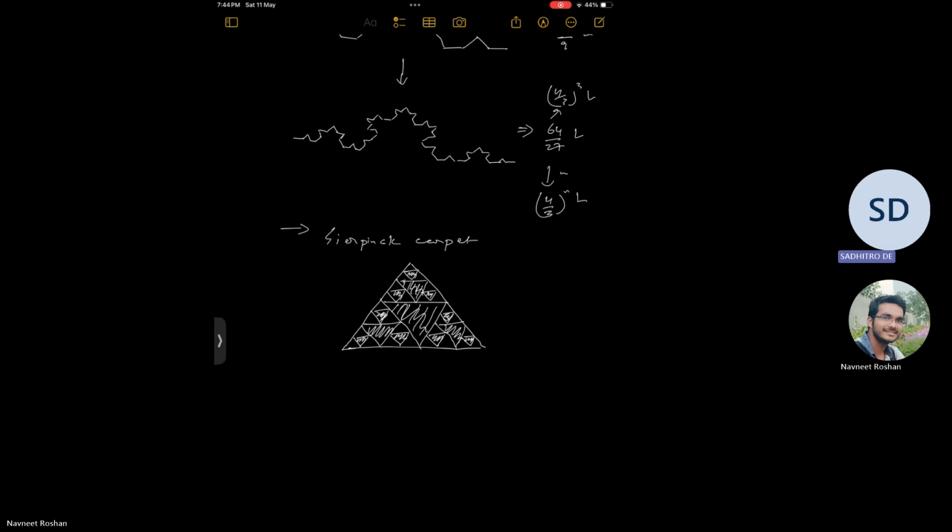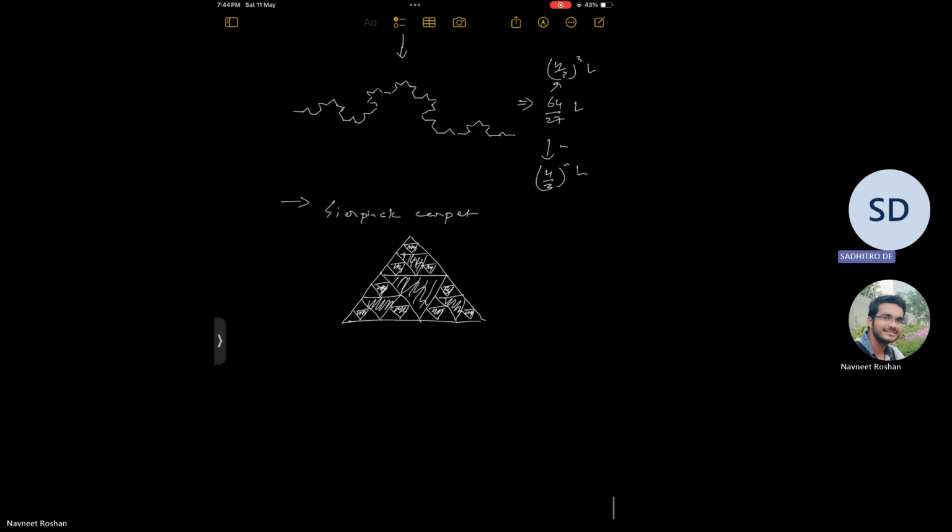So you see what is happening, and again you repeat the same procedure for all these small triangles. So what was initially a two-dimensional object, since you now start removing portions of it, its dimensionality goes down, and it becomes somewhere between a 1D and 2D object.